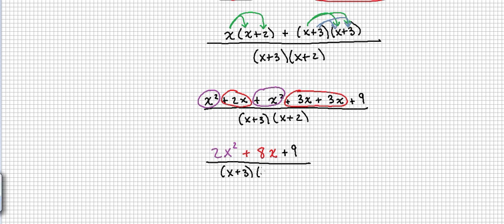Okay, so what we can do here is FOIL it. We can leave it like this if we want. This one won't simplify. Let's FOIL this bottom now and see what happens. So we are going to have 2x squared plus 8x plus 9. On the bottom we're going to end up with x squared plus 2x, and then over here 3x and 6.